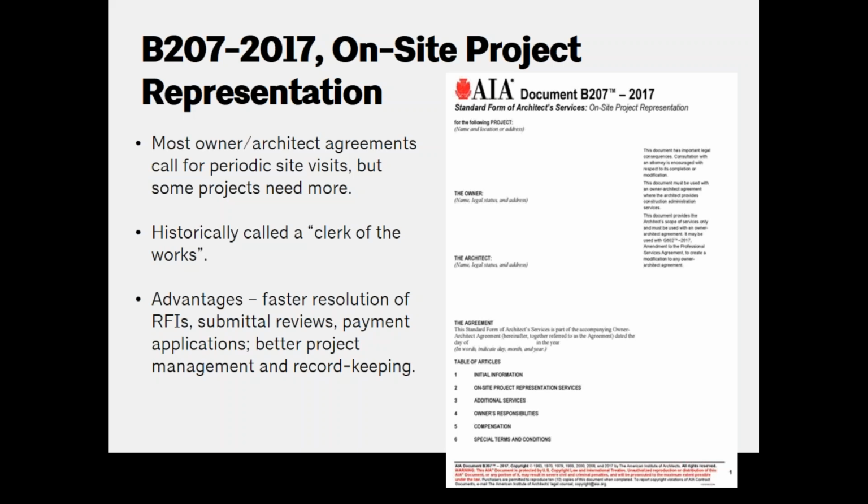In the past, we've called this person a clerk of the works. That term has gone out of style, as that at least traditionally has brought forth connotations of the architect or the representative having some kind of a supervisory role over the contractor. Of course, that's no longer the case, so we just call this person an on-site project representative.